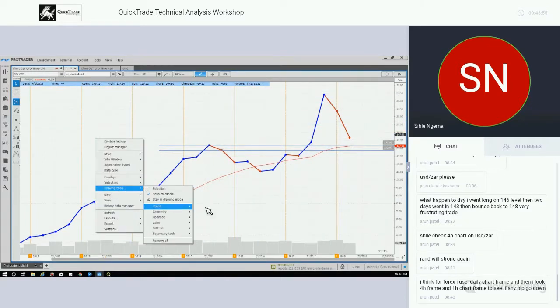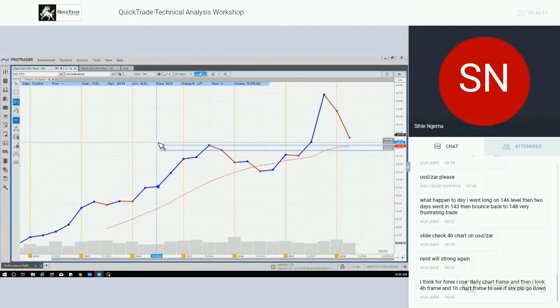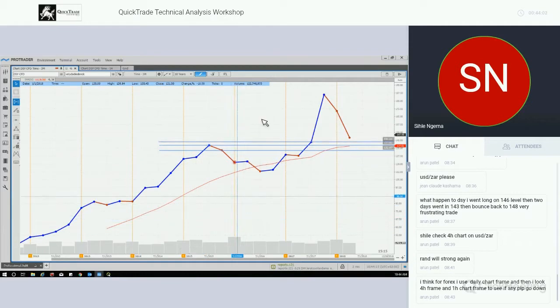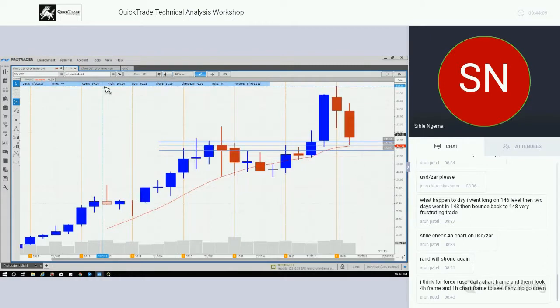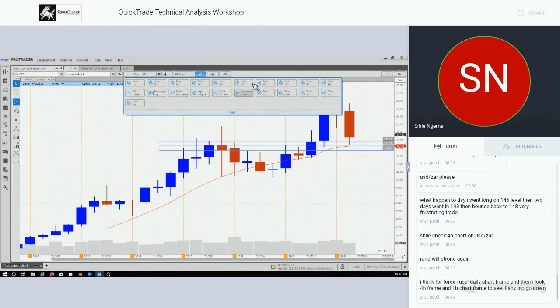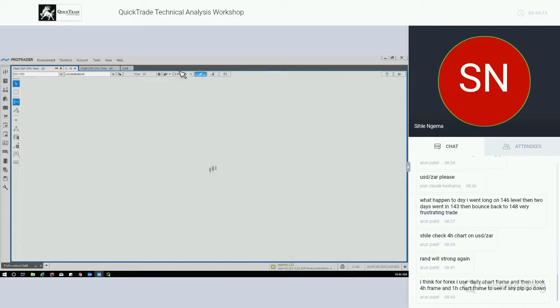Again, we're gonna try and mark this area here. That area is marked. So these are the levels where we expect to see the rand maybe visiting and stabilizing. Okay, let's check.